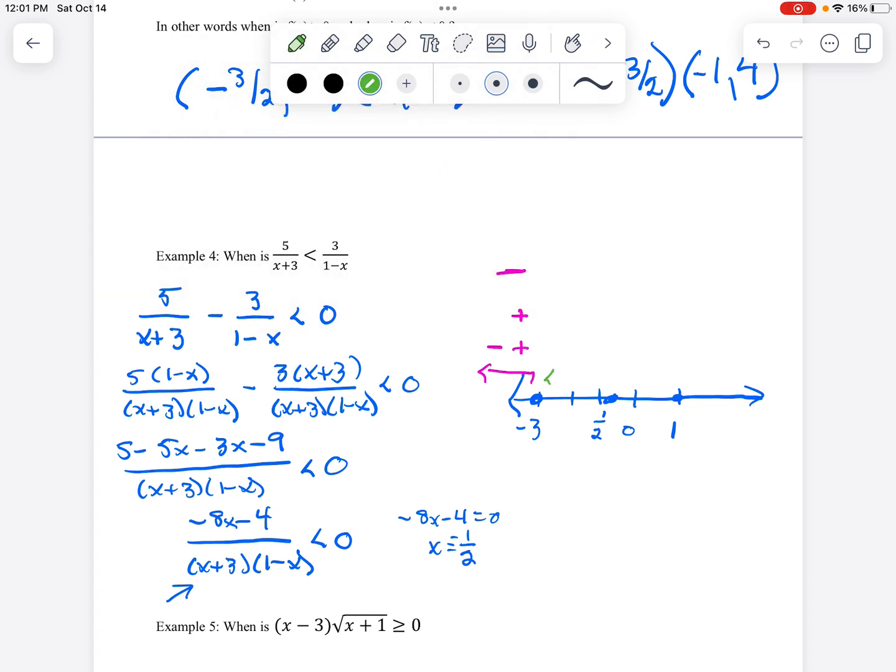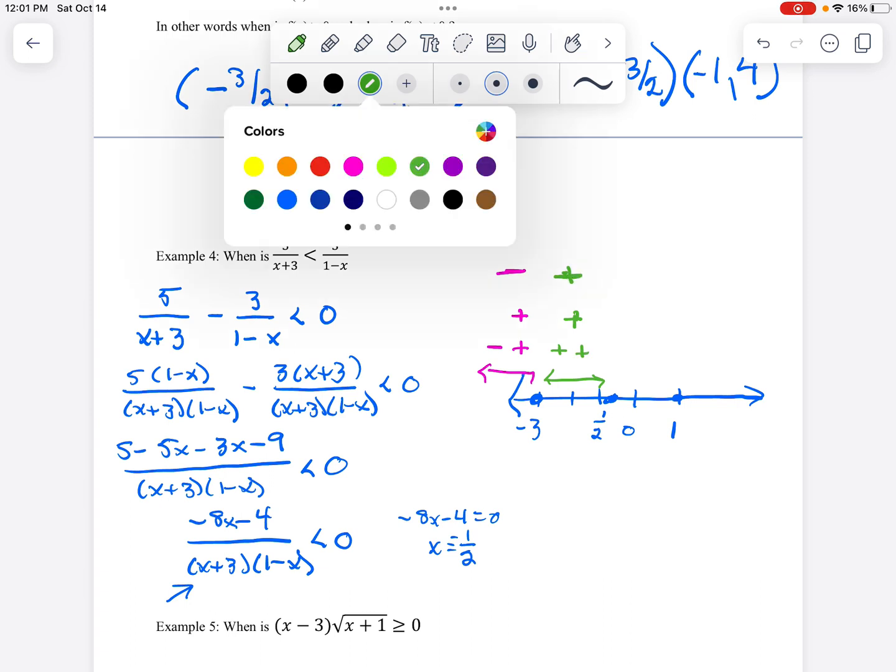In the interval between negative 3 and 1/2, so let's think of like negative 1, again, my numerator is going to be positive. My denominator is going to have negative 1 plus 3, which would be positive, and 1 minus any negative number would be positive. I'm going to have positive values.